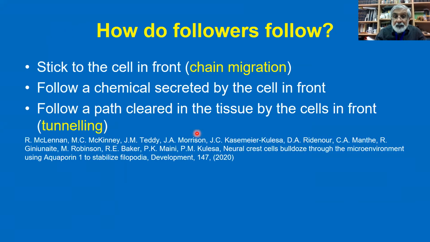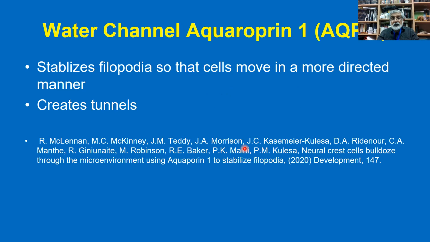Okay. So now we go on to the question about tunneling. Is it possible that there's tunneling going on? That led our experimentalists to look at the leaders, and what we found was that the leaders upregulate something called aquaporin, which is a water channel.